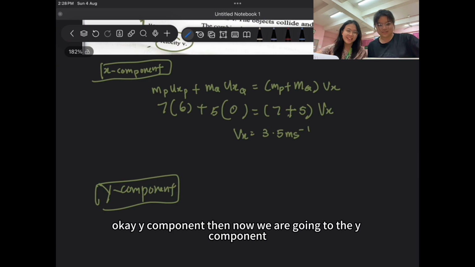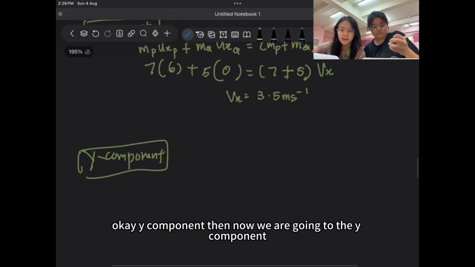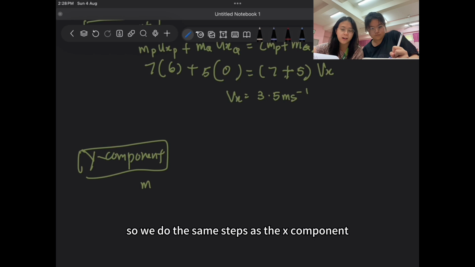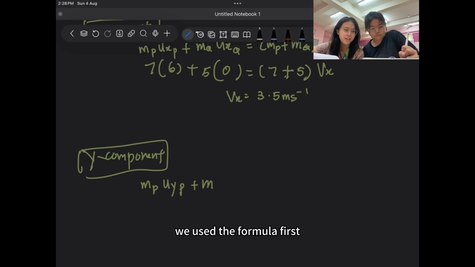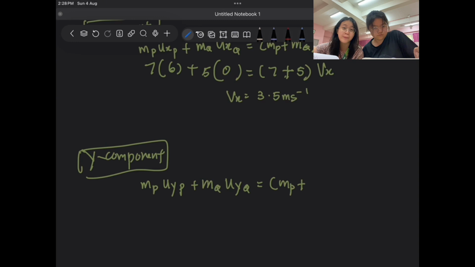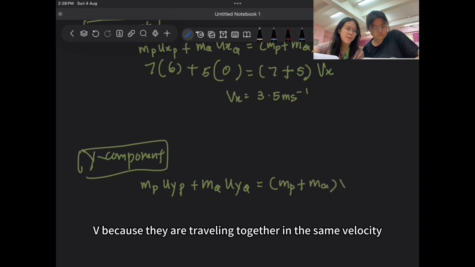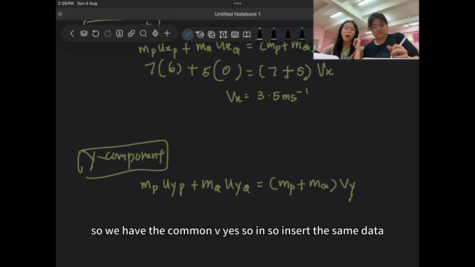Okay, now we are going to the y component, so we will do the same steps as the x component. We will use the formula first: mP uP plus mQ uQ equals (mP plus mQ) v, because they are traveling together with the same velocity, so we have the common v.